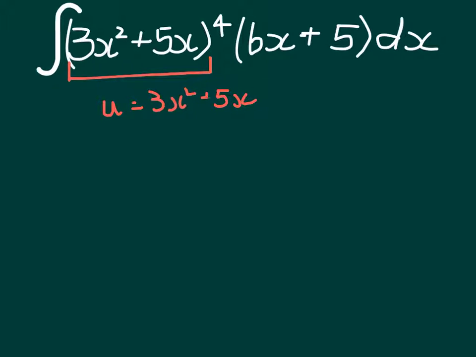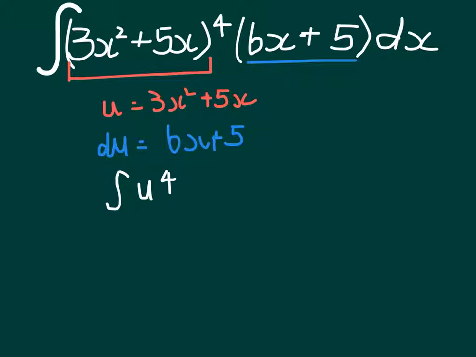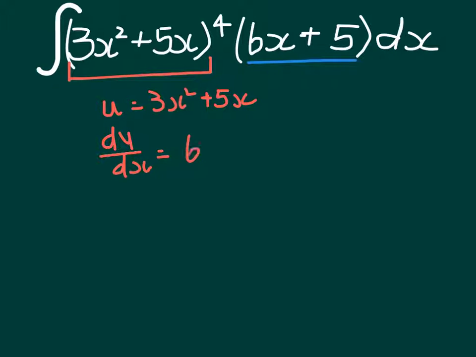And then what you have over here is your derivative. So what you're going to do now is you're going to go to this function that you've just called u, and then you're going to say, well, I will have to derive this function u in terms of x. So then I write it as du dx. And what this is, 6x plus 5. So you will see that this is now my blue part here.